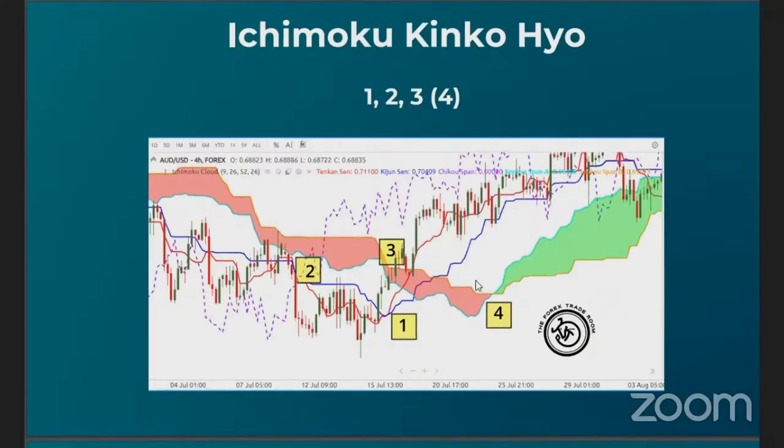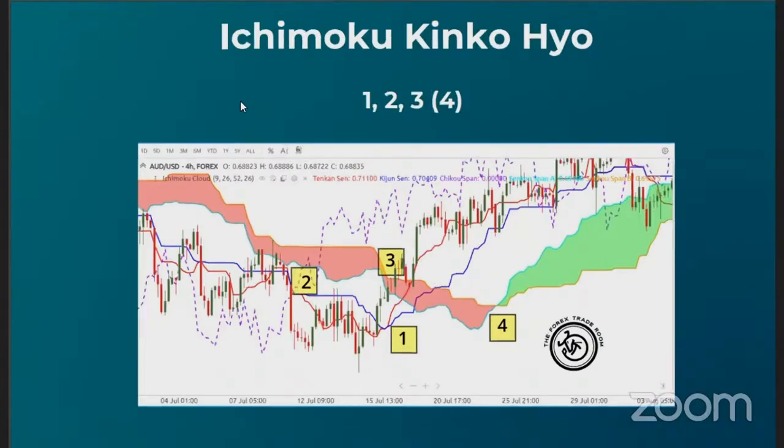When it was first shown to me, I'm like, okay, get this mess off my chart. But when it was broken down, I was like, oh, this is so simple. What it's telling me was falling in line with what I was doing anyway. It just enhanced it, so kind of combine the two.